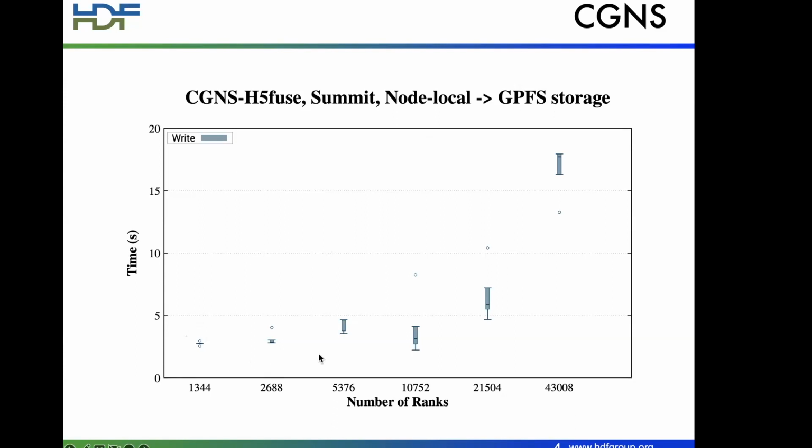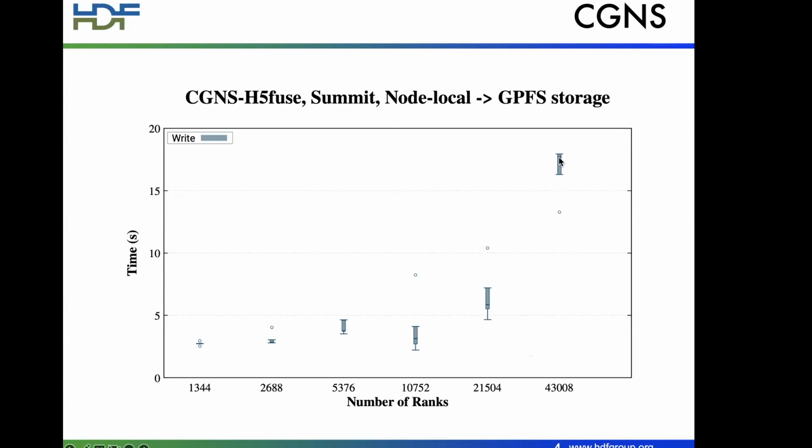You can kind of see the performance. There are some outliers here. On 43,000 ranks, it took around an average of 18 seconds to copy the 1.7 terabyte file from no local storage back to the GPFS file system. That's still pretty good.